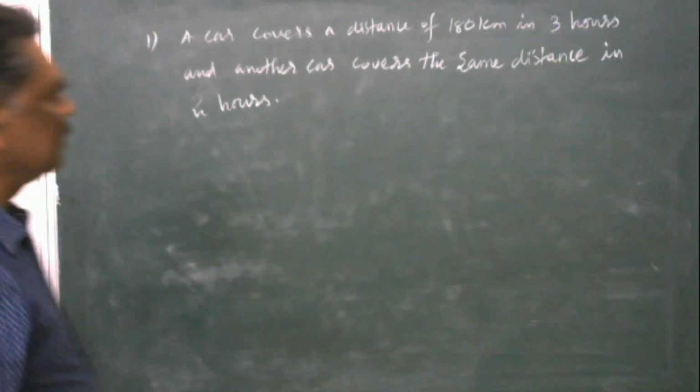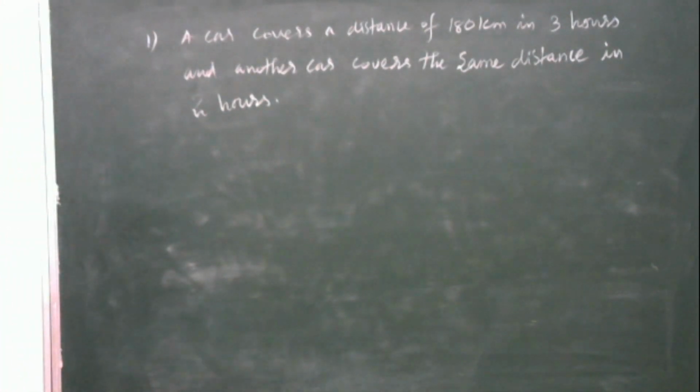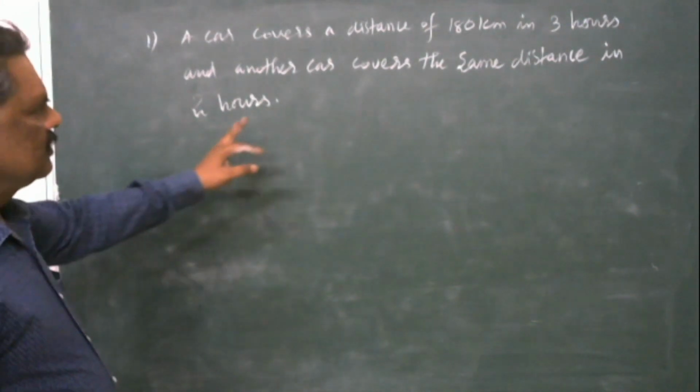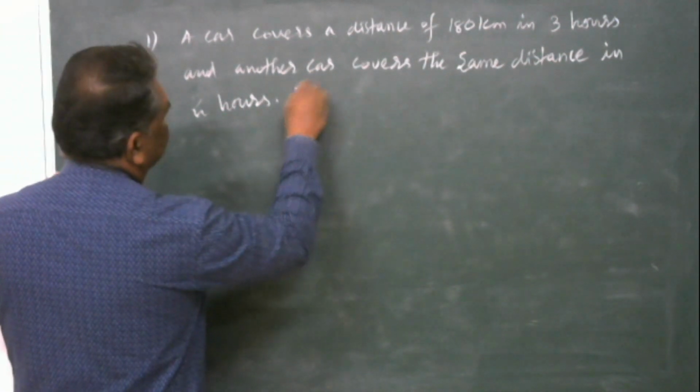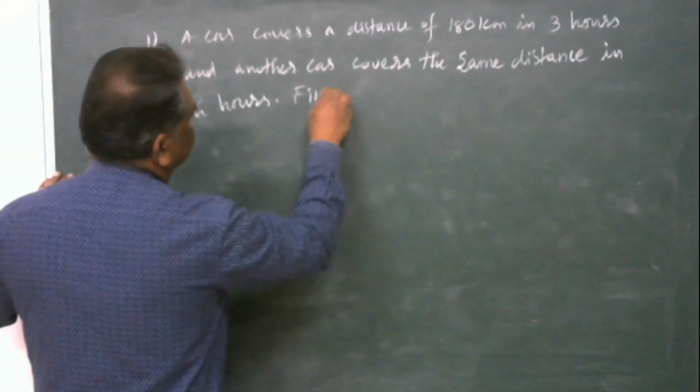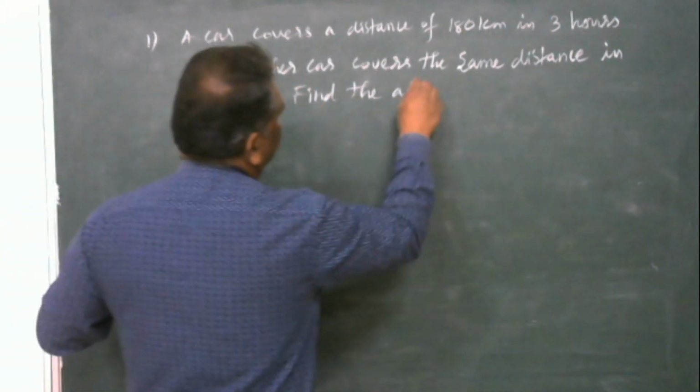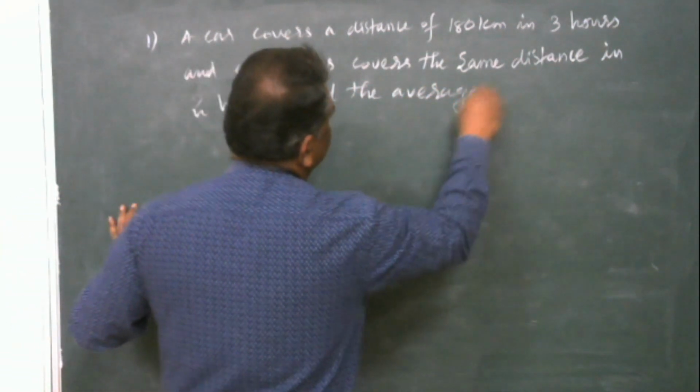One car covers a distance of 180 km in 3 hours. Another car covers the same distance in 2 hours. Find the average speed.